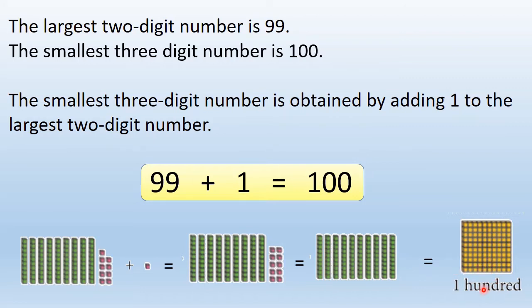This is how we get 100 by adding 1 to 99. 99 is the largest two-digit number and 100 is the smallest three-digit number, which is obtained by adding 1 to the largest two-digit number, that is 99.